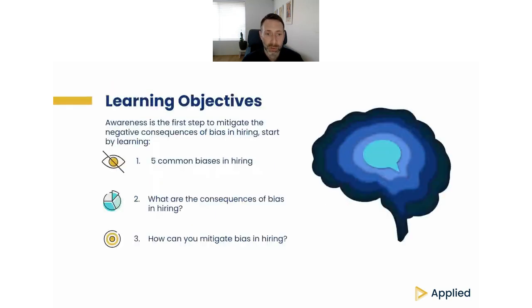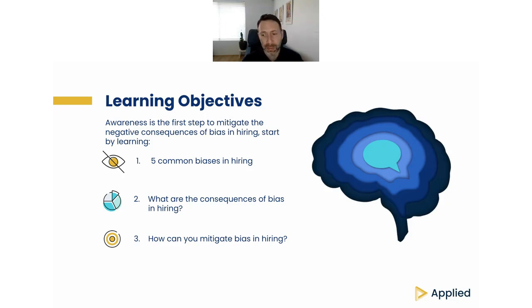So just to summarize what we would like people to learn from this webinar, the first one is to become a bit more familiar with these 5 common biases. Perhaps go and have a look at some of the studies for yourself to decide for yourself. And then understand what are the consequences of this type of bias.